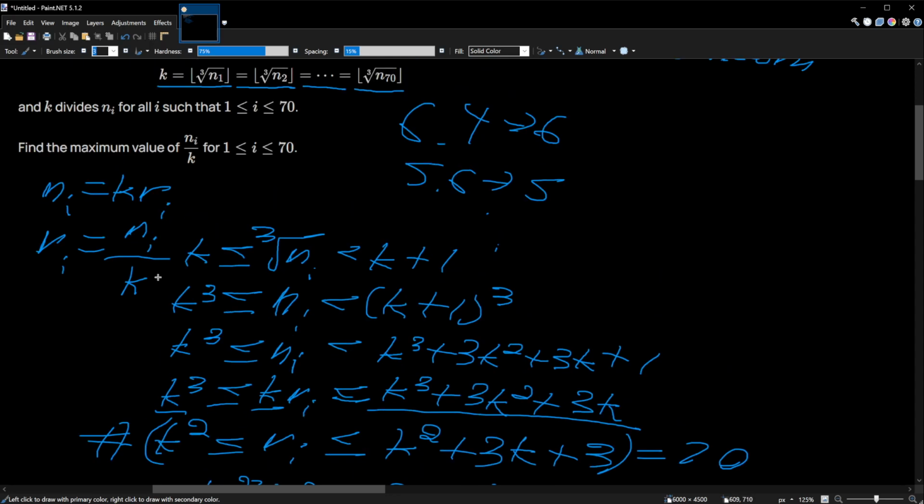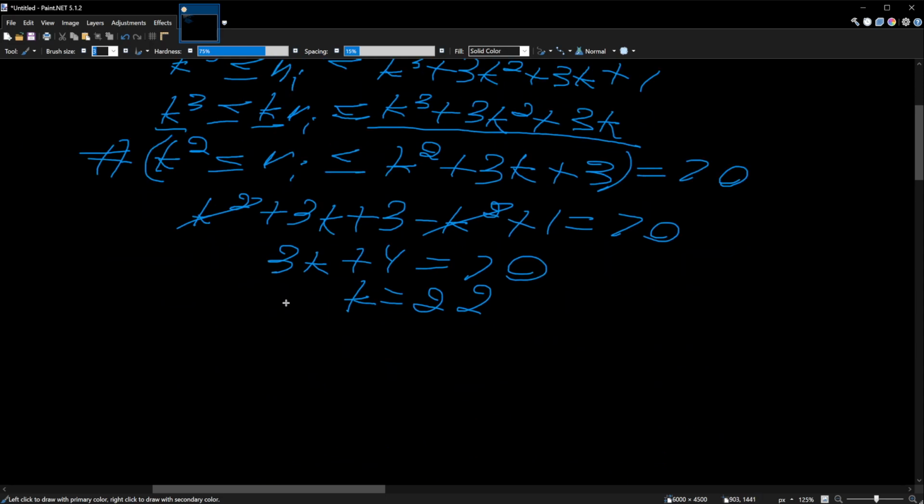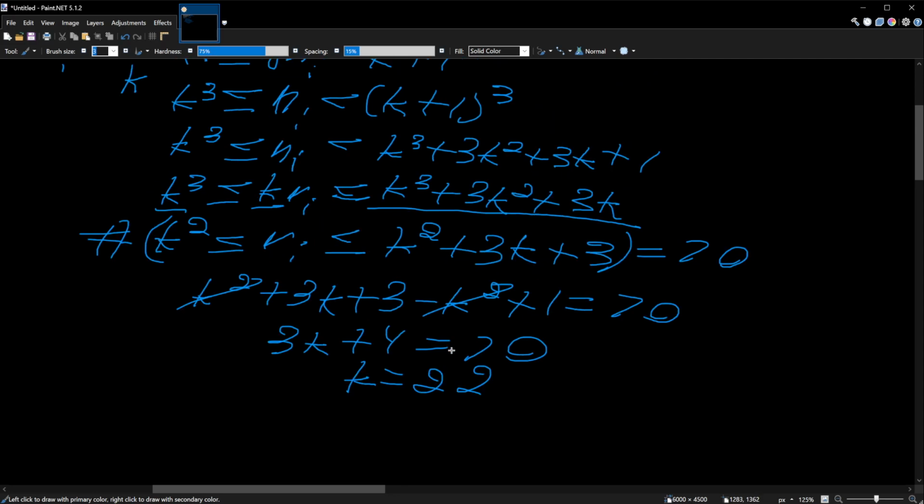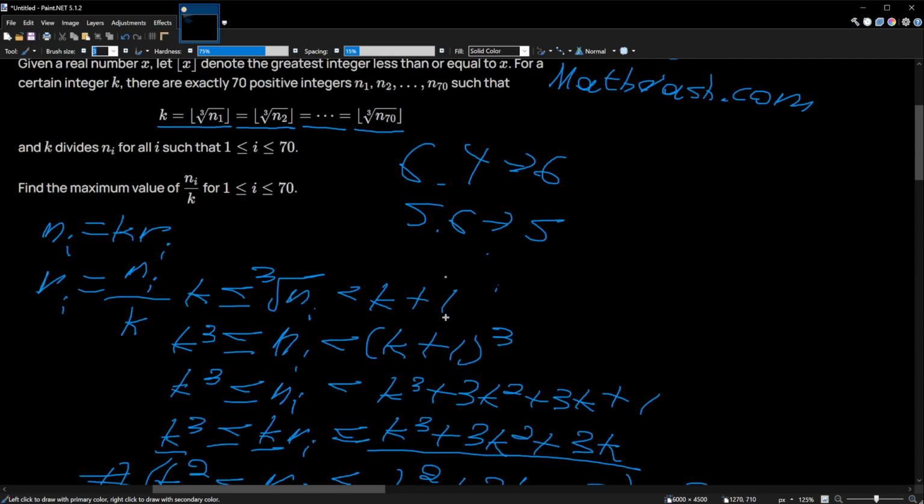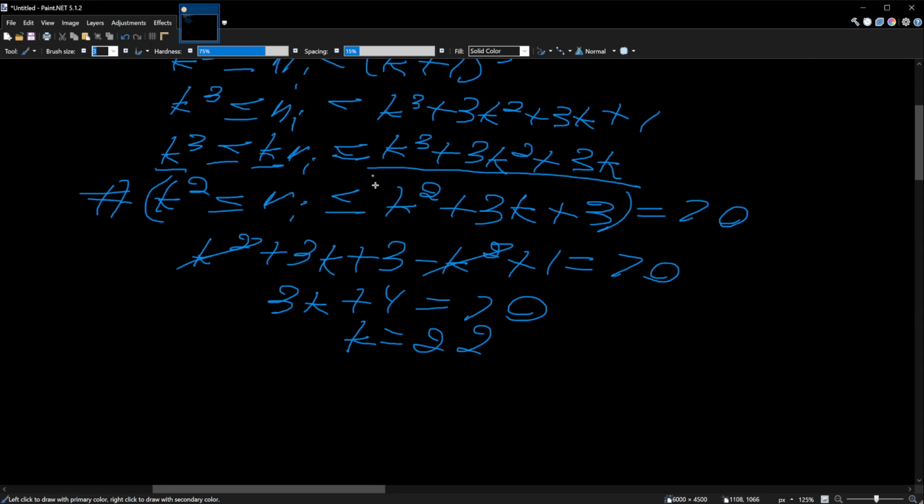So we have this, and we have our k is 22. Well, what we can do is get our max r sub I, because now we know what k has to be, and our max r sub I is k squared plus 3k plus 3.